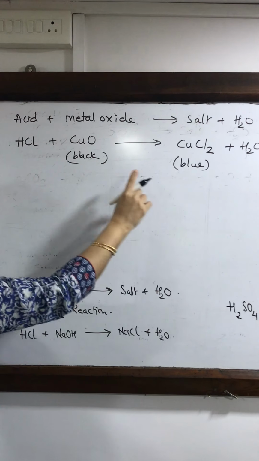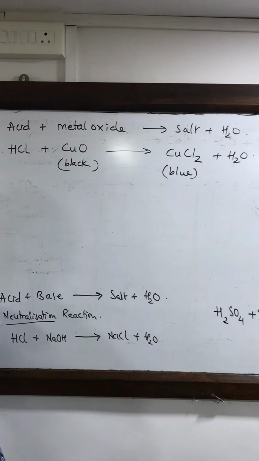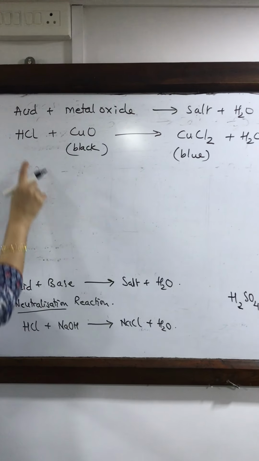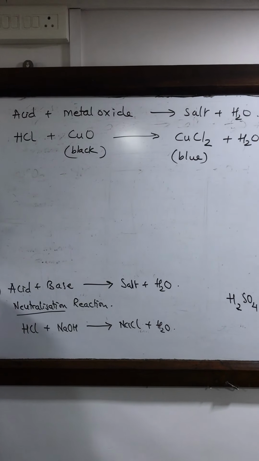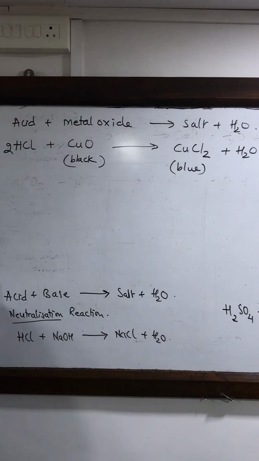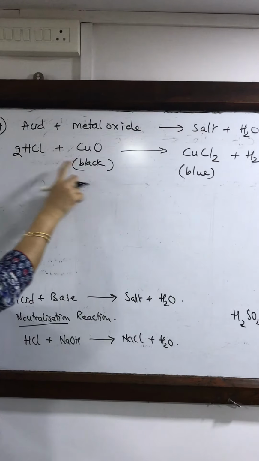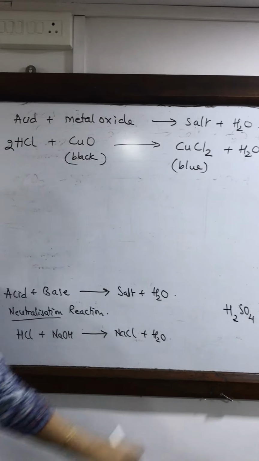This is an unbalanced chemical equation because we have two chlorine atoms and two hydrogen atoms on the product side, whereas on the reactant side we have only one chlorine, one hydrogen. To make it equal, I multiply HCl by 2. That makes the number of hydrogen atoms equal, chlorine atoms also equal.